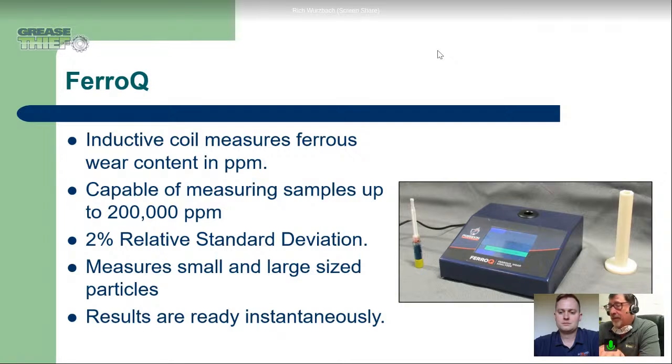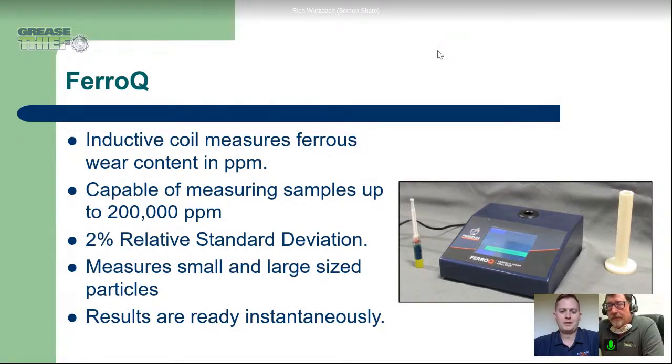So I just want to point out that this is a significant enhancement. When we went to you guys, we said we need to get that upper scale because it's just too much. What good is it if you run a whole bunch of samples and everything says off scale? It doesn't tell you a whole lot to differentiate between them.